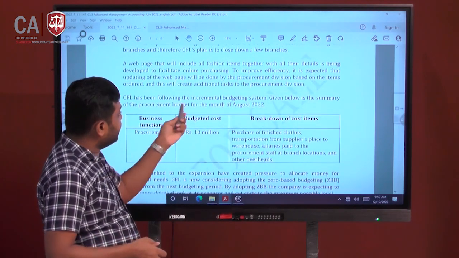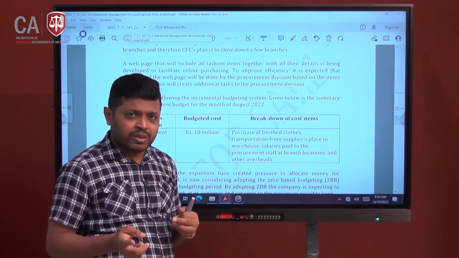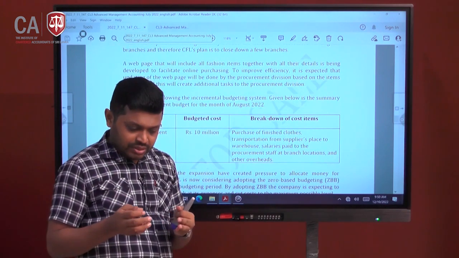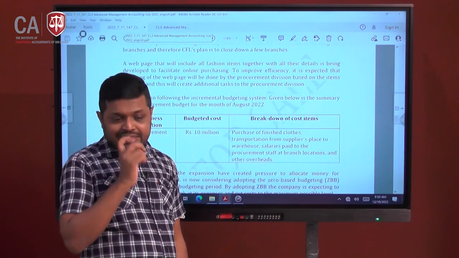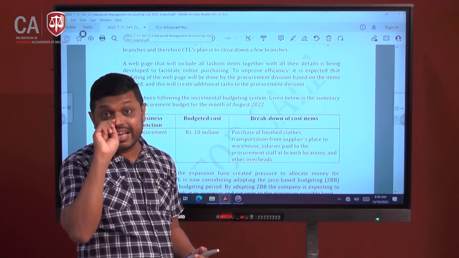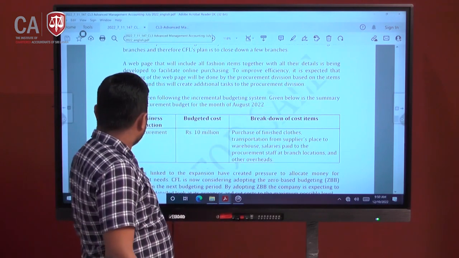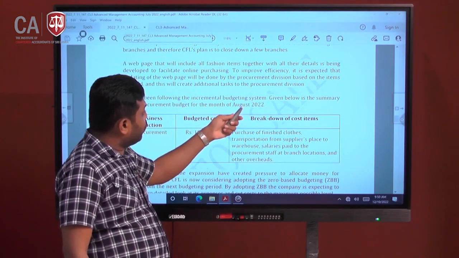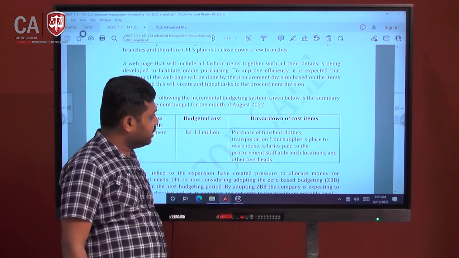CFL has been following the incremental budgeting system. Incremental budgeting, what is incremental budgeting? You will add some percentage to the last year figure. The weaknesses in last year will continue in next year as well, right. Given below is the summary of the procurement budget for the month of August 2022. Procurement, 10 million is the budget.